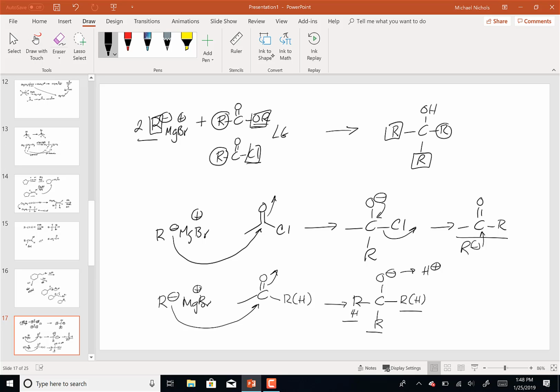So we require 2 equivalents because if it's going to add 2 anyway, add 2 to everything. So that's the second class of Grignards. So that's how you would do A and D and E and F.